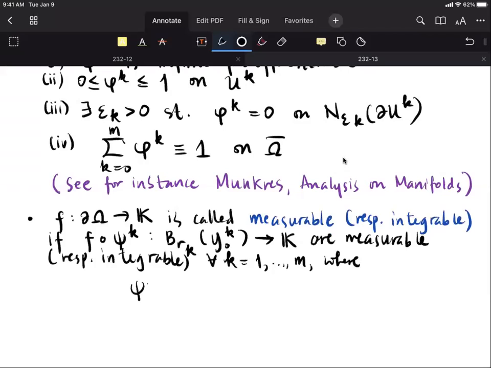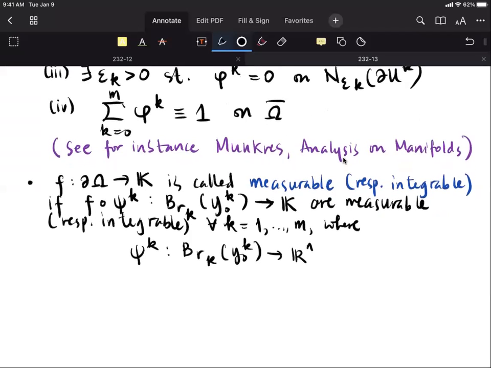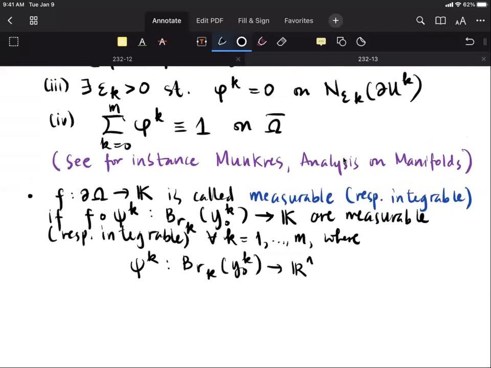where psi sub k is the map from the ball into Rn, defined as follows. So psi sub k of y is the following linear combination.